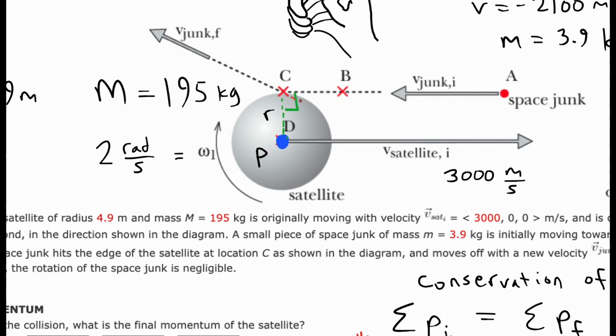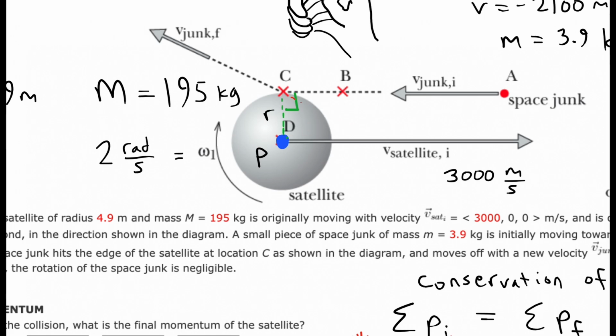Now we do have the option of extending the path that the junk is taking back and then creating a perpendicular with that path that touches point P. As long as it's a 90-degree angle, this could be used as the new R that we multiply by P. However, that's not really effective here because it'd be very difficult mathematically to quantify exactly how big R is, so I'm not going to use that approach.